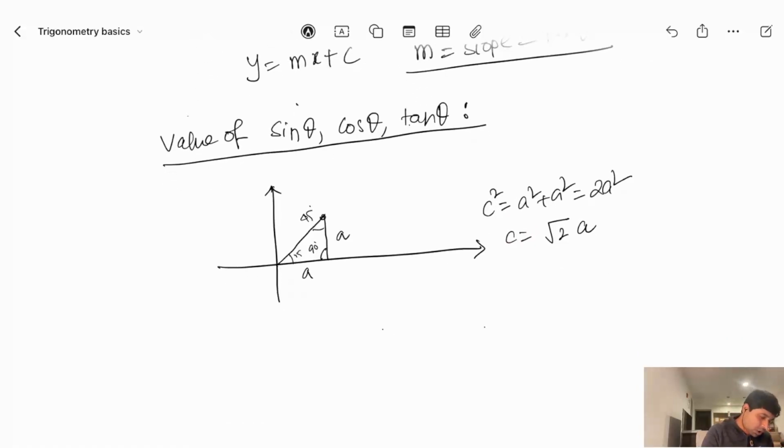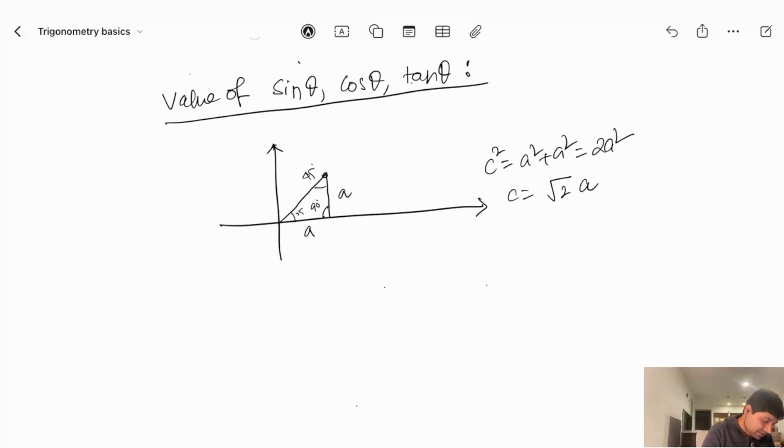So if I put all the values in and discover the value of sine when theta is 45 degrees, sine theta is height divided by hypotenuse. What is your height here? Height is a and hypotenuse is square root of 2 a. If I cancel out a, then it becomes 1 by square root of 2.